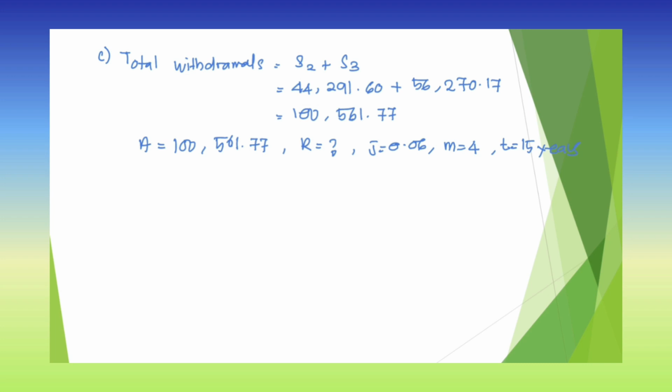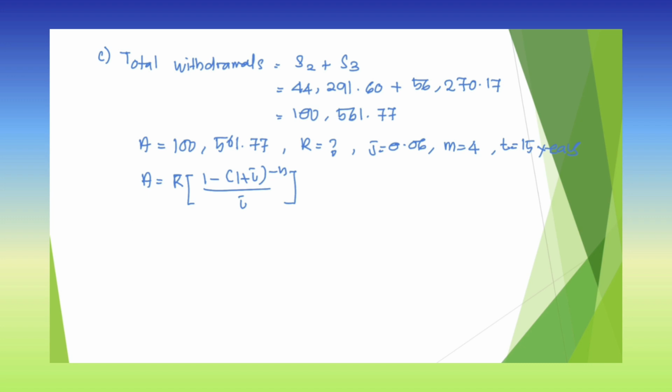We use the formula A equal to R(1 minus (1 plus i) to the power of negative n) over i.